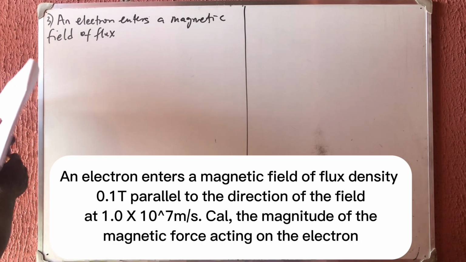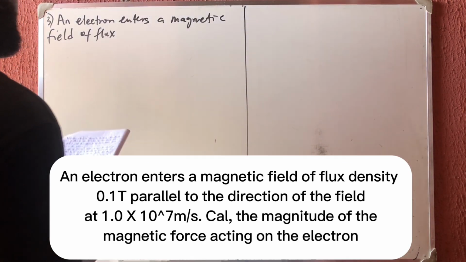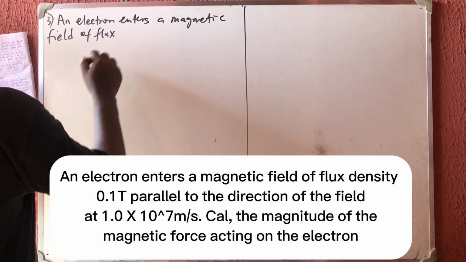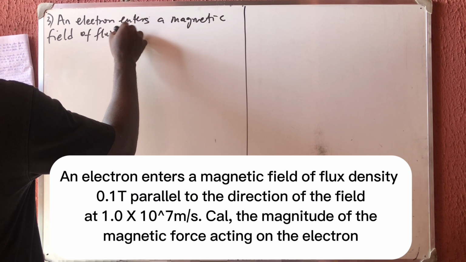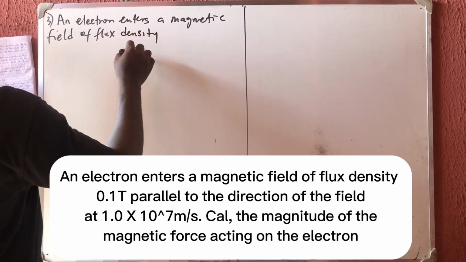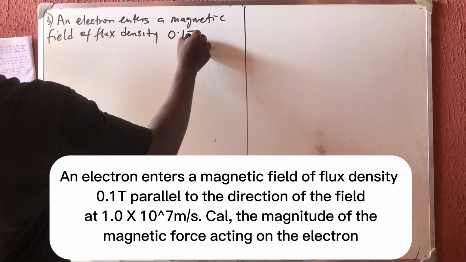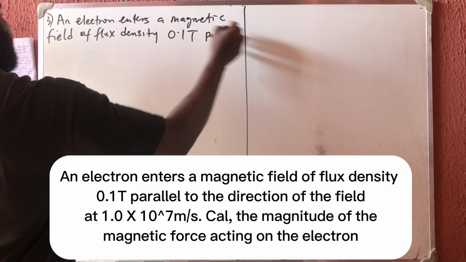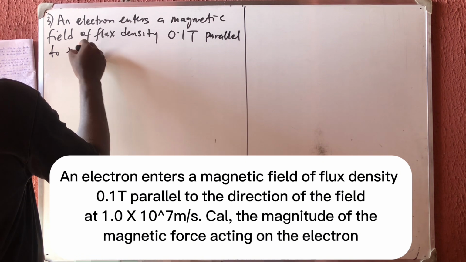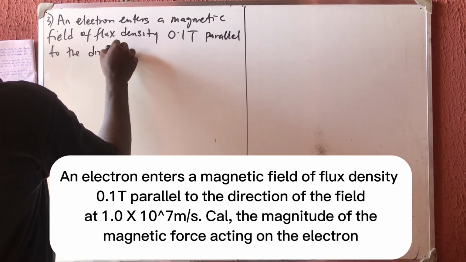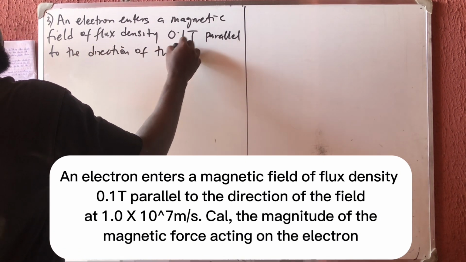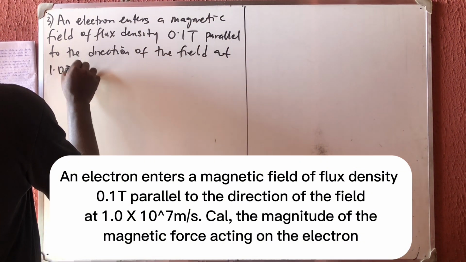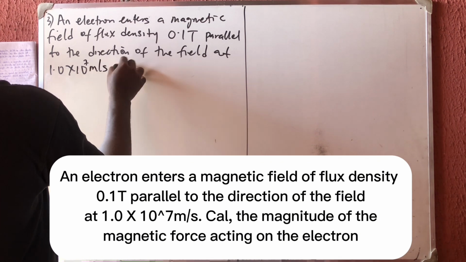The third question said an electron entered a magnetic field of flux density 0.1 Tesla, parallel to the direction of the field, at 1.0 times 10 raised to power 7 meter per second.